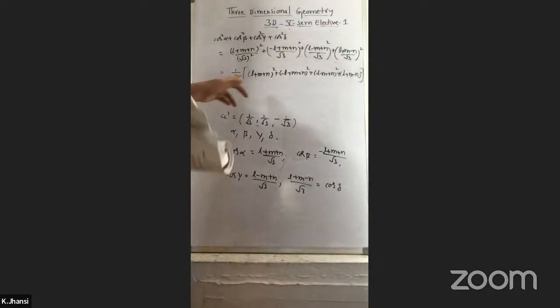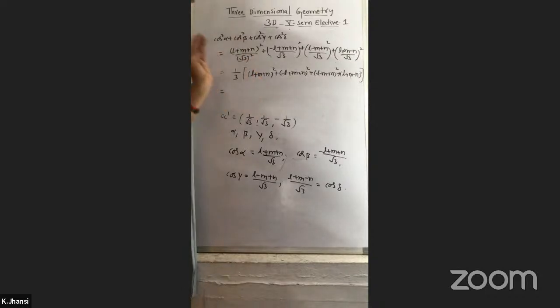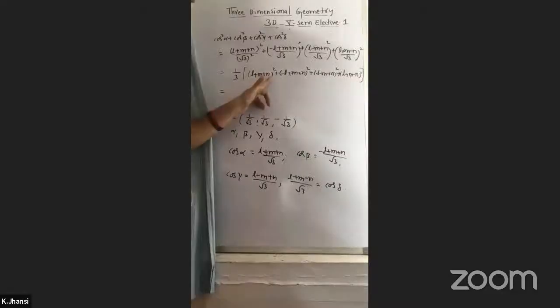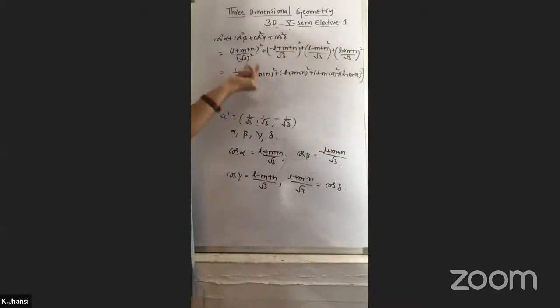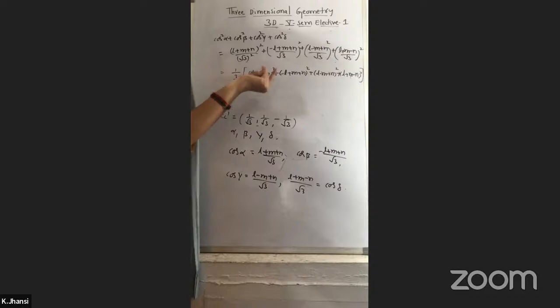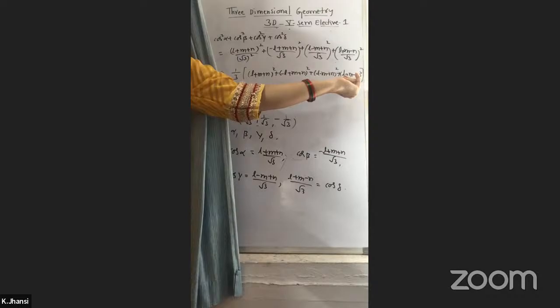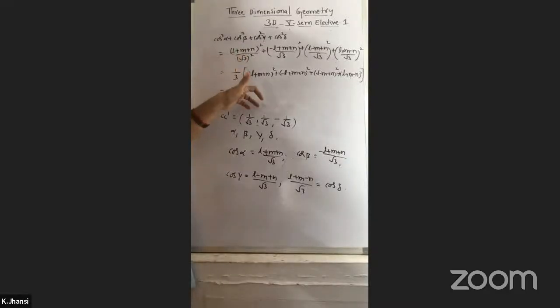So if you expand this, it is in the form of a plus b plus c whole square, so it is a square plus b square plus c square plus 2lm plus 2mn plus 2ln. You will get all positive values here, but here you will get 2 negative values, here also 2 negative values, here also 2 negative values. So almost all these values will get cancelled. Only l square plus m square plus n square will remain when you expand this.